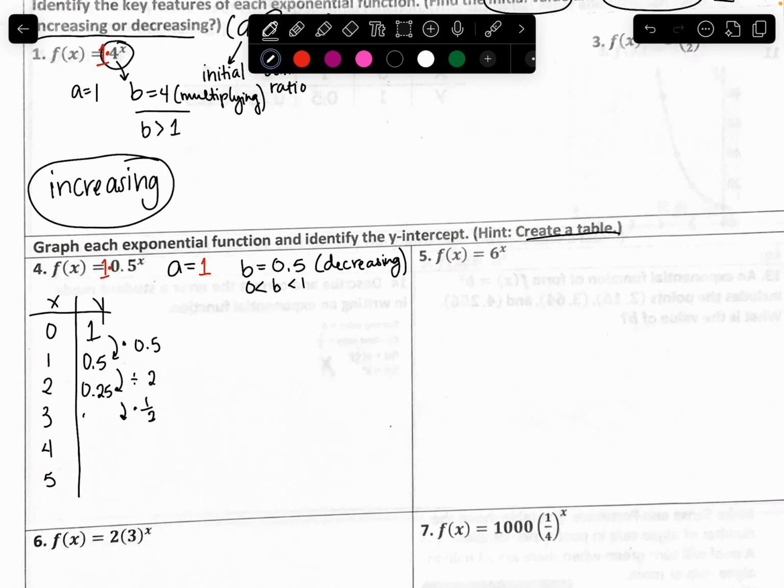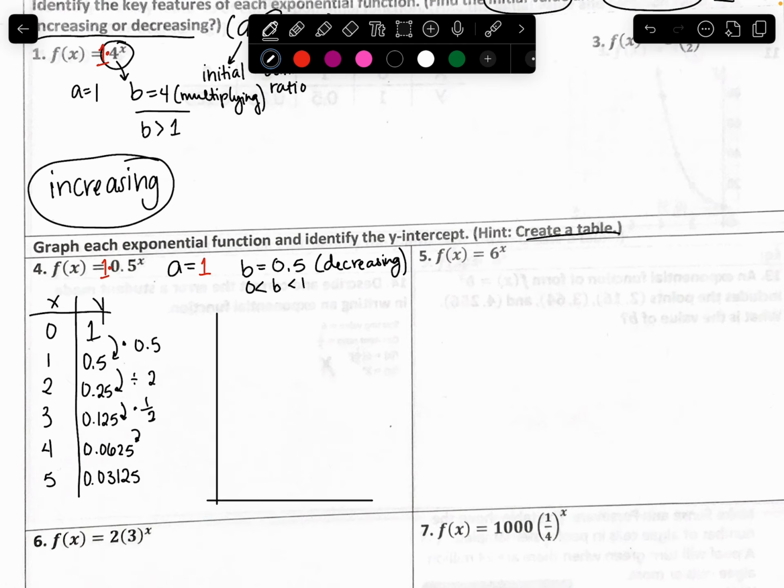Half of 0.25 is 0.125. Half of 0.125 is 0.0625. Feel free to use a calculator here. This one would be 0.03125.